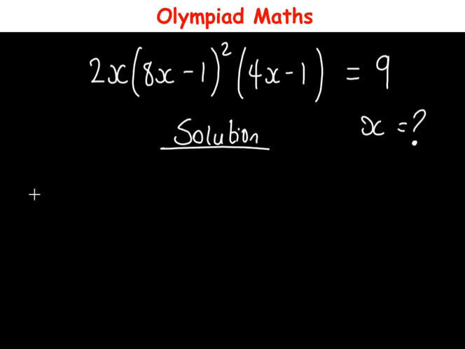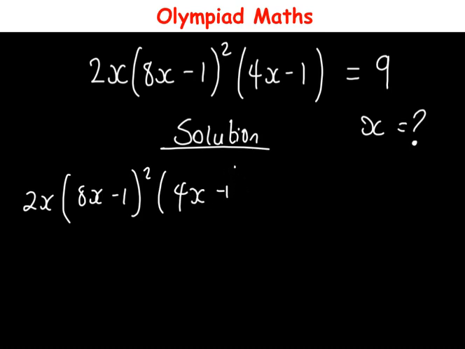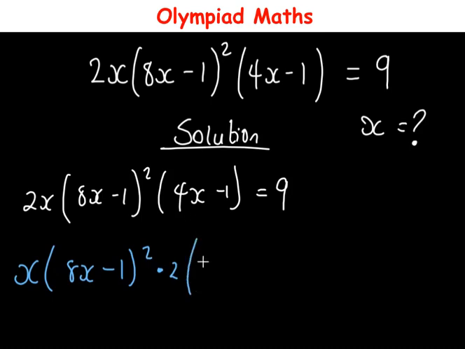Solution. So we have 2x into bracket 8x minus 1 all squared multiplied by 4x minus 1. This equals 9. So we can write this equation as x multiplied by 8x minus 1 all squared, then times 2 multiplied by 4x minus 1.